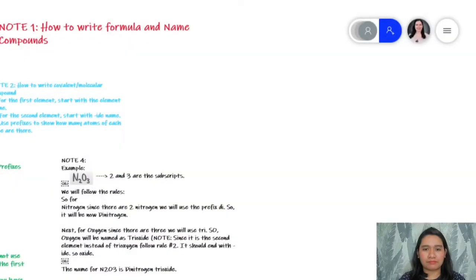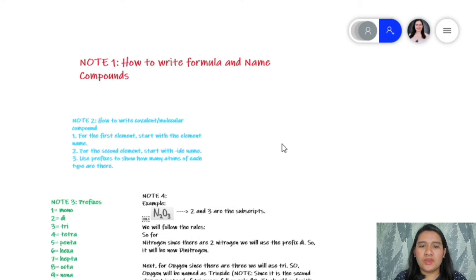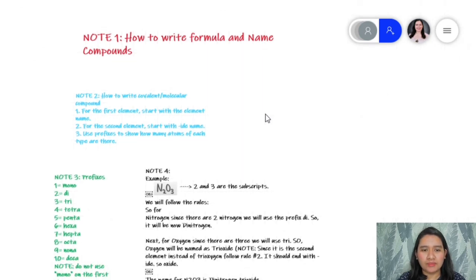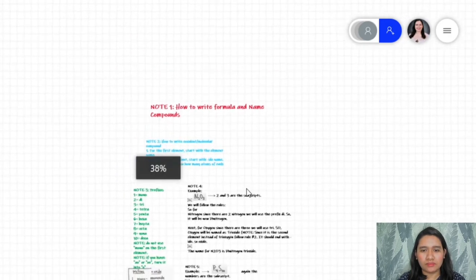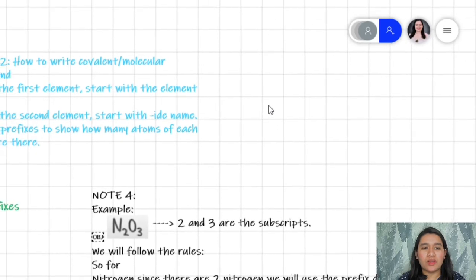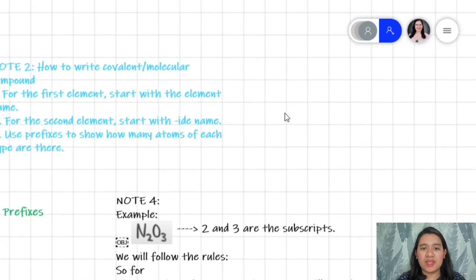Let us now proceed on how to write and name covalent bonds. To write formulas and name compounds, we have the following rules. Rule number 1, for the first element, start with the element name.